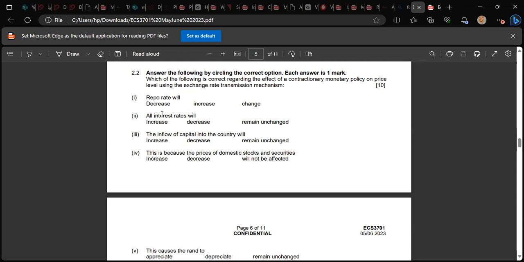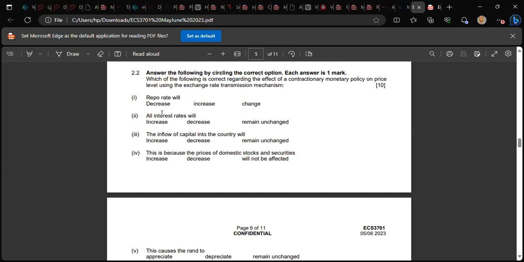So it follows therefore that if you are going to be putting in an investment in a country where there is a contractionary monetary policy, then the interest rate is going to be high. So say you are buying bonds in that country, you have invested in the bond market, you expect that the interest is going to be high in that bond market. So if that's the case, this is therefore going to attract capital inflow because a lot of people are going to want to invest where the interest rates are high.